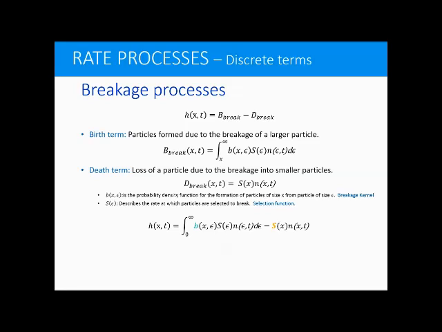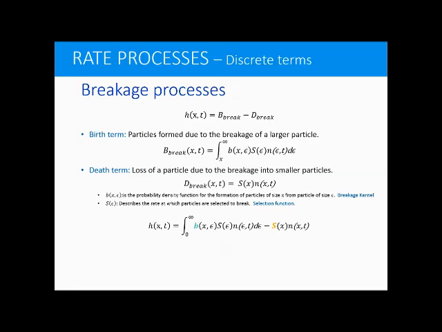And that's why in the function description, we integrate from the size x, of which the fragments are formed, to infinity to check all these larger particles, when they break and at what rate they result in a fragment of size x. Because that's where there will be new particles of that size by breakage of the larger one.